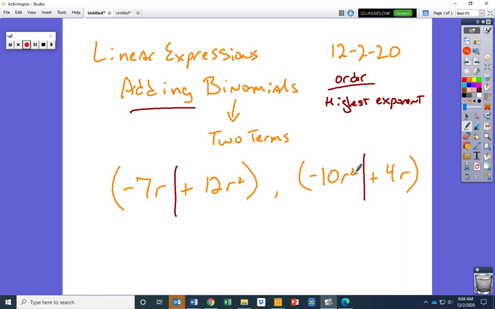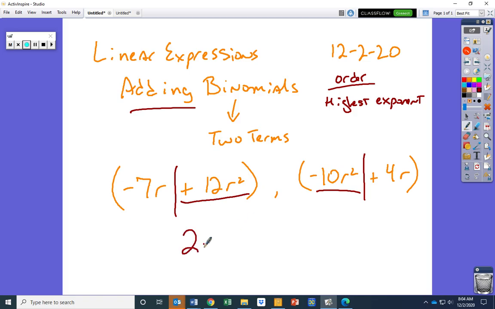This one has an exponent of 2, and if I don't see an exponent, what's the exponent? Not 0, 1. So I'm going to look over here, and the higher power I have is 12r to the second. So I'm going to combine this with this. If I combine 12r to the second and negative 10r to the second, what do I have? 2r to the second.